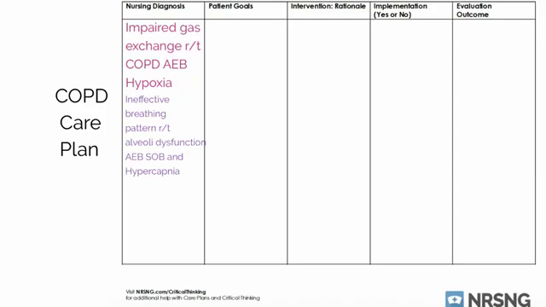For the third nursing diagnosis, I put activity intolerance related to COPD. But this would be as evidenced by their difficulty in breathing, their shortness of breath, their decreased amount of activities. You're going to notice that people with COPD also tend to do less activities. It doesn't necessarily mean that people that have COPD are overweight, because emphysema patients are very thin, and emphysema is underneath the umbrella of COPD.